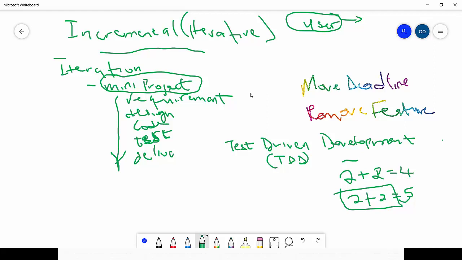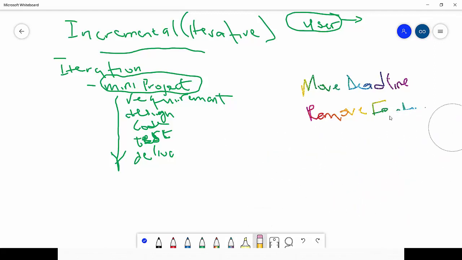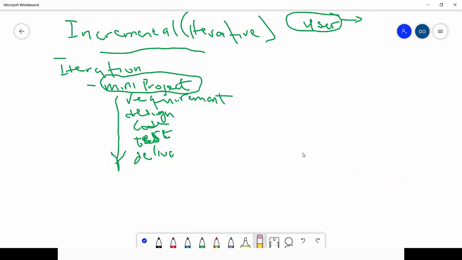Okay? So, the first type of Agile methodology that we are going to talk about is what we refer to as extreme programming, or XP. Okay, that's the first one we're going to talk about.